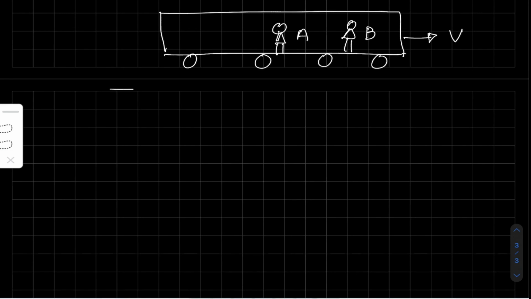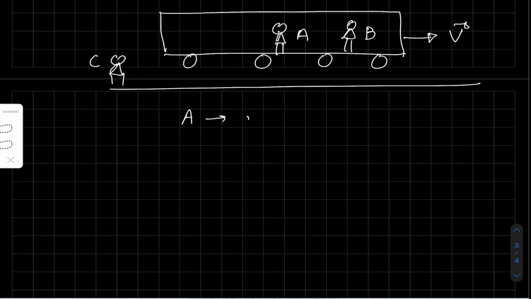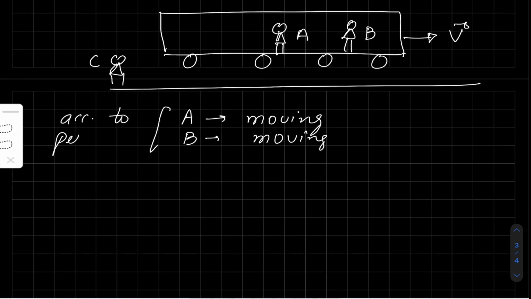And this is the platform, and there is one more person, this is person C. So according to person C, both persons A and B are moving with the same velocity v, which is the velocity of the train. So according to person C, A is moving, B is also moving.